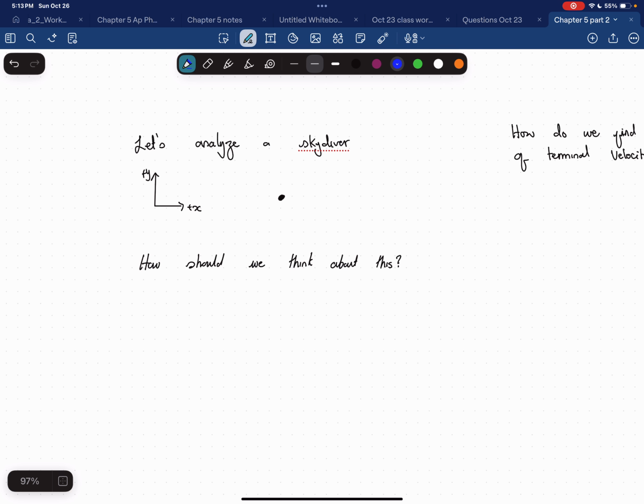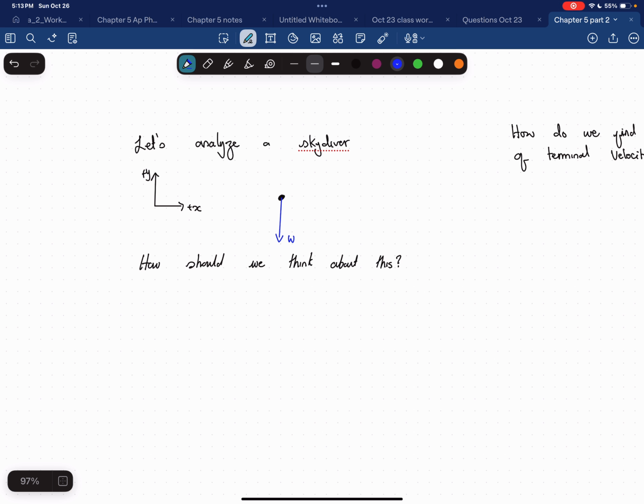Okay. Let's analyze a skydiver. A skydiver is falling. Let's see its free body diagram. Of course, we have the weight.